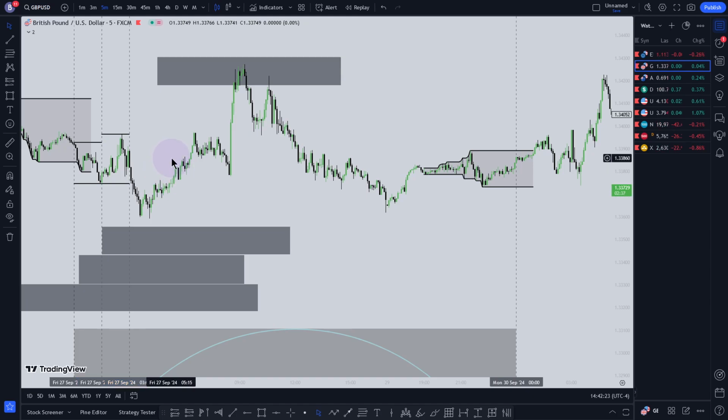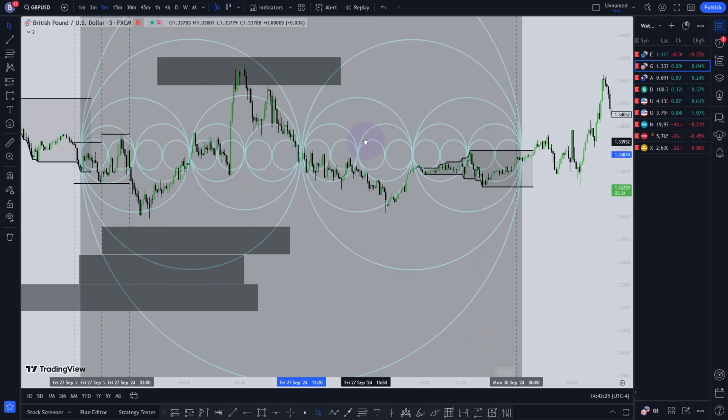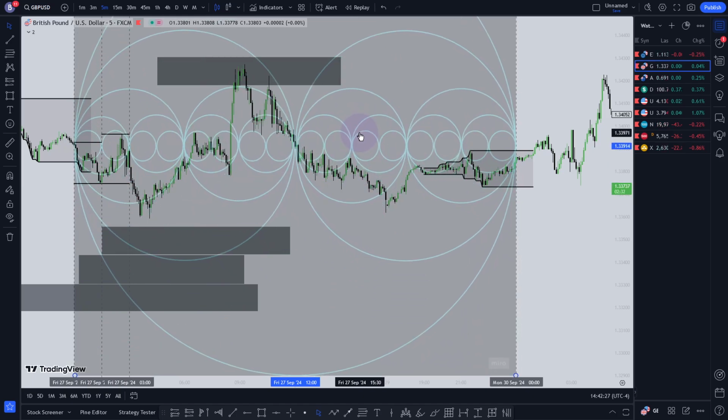Now we will have to focus on, where's my drawing tool, this circle right here and this circle right here. Those two circles are going to tell us how to place the logo properly.